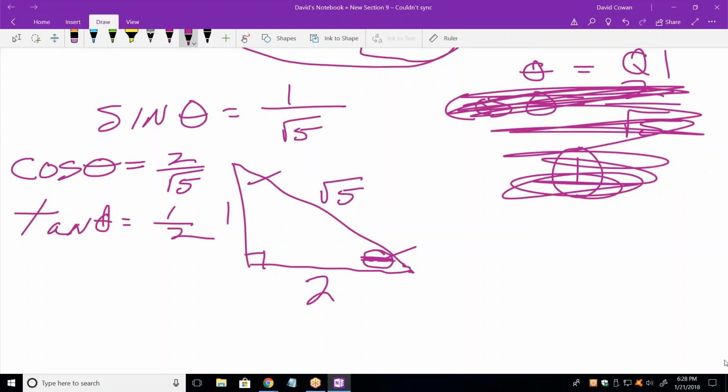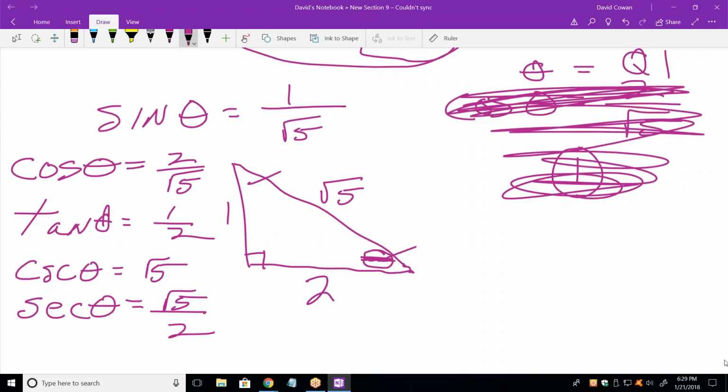And what is the cosecant of theta? Isn't that just square root of 5 over 1? Correct. Again, it's easier because he gave it to us not rationalized. We don't have to worry about rationalizing anything. What's the secant of theta? Square root of 5 over 2. And finally, what's the cotangent of theta? 2 over 1, or just 2.